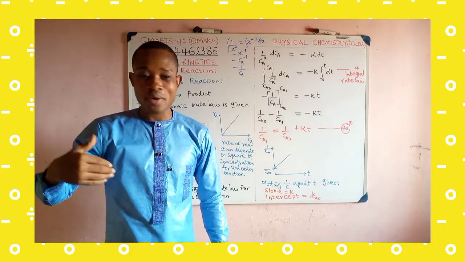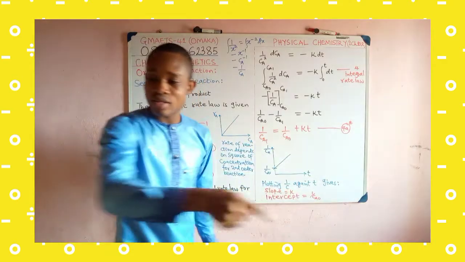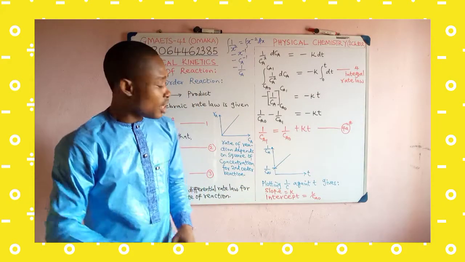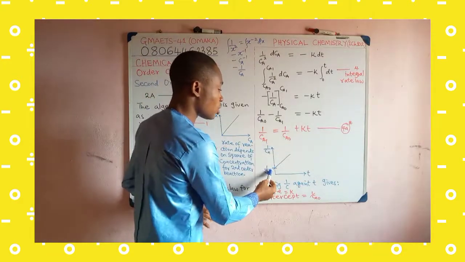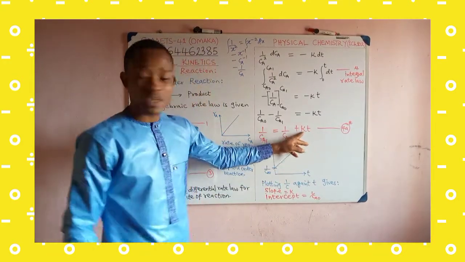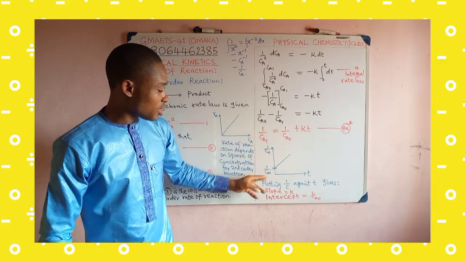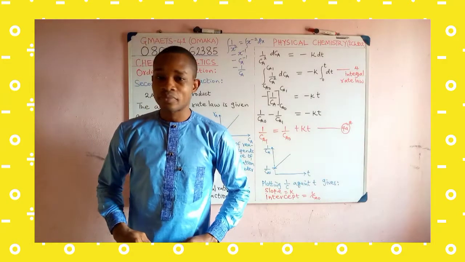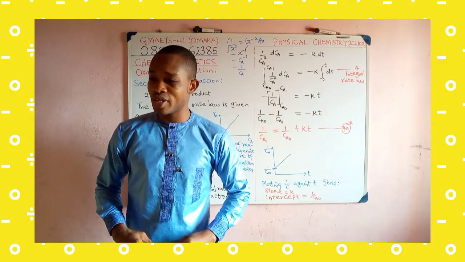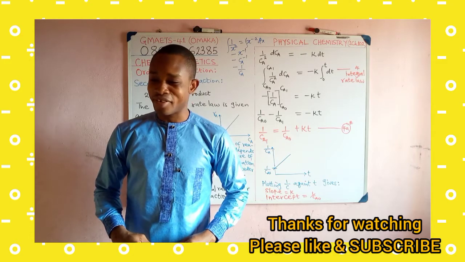The ones you saw for zero order and the first order was a demand curve because the slope was negative. Here the slope is positive, so the graph is going to go this way. And as usual, if you take the slope, it will be equal to what? The rate constant. And then the intercept will be 1 over the initial concentration. It's now time in the next video we're going to look at the half-life for a second order rate of reaction.